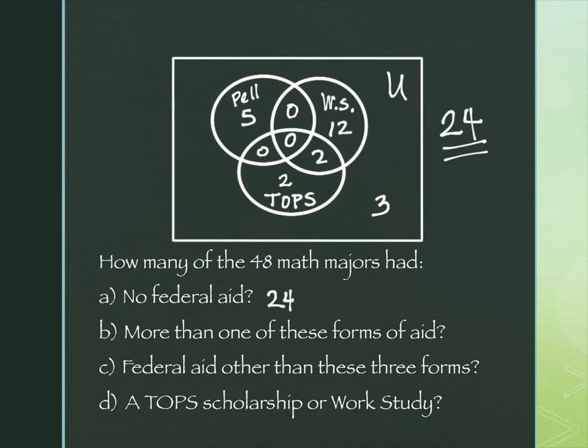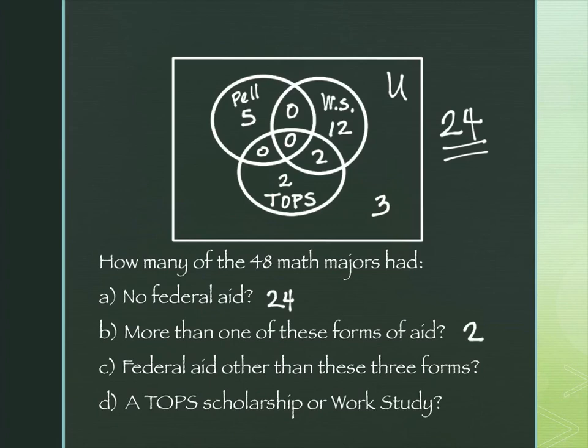We didn't have that kind of a question last time because the diagram didn't have 3 circles. But I would have to add up all of the circled overlapped pieces. We just have a bunch of them that are zeros this time. So if those zeros weren't there, we'd have to actually add them in as well. So more than 1 would include all of these pieces. And for us right now, that's just the number 2. So there's 2 that had more than 1 form of aid.